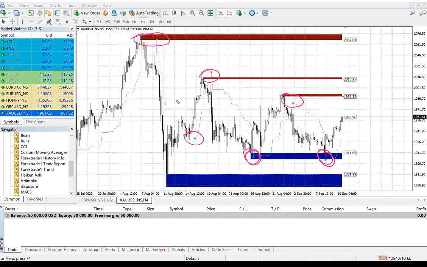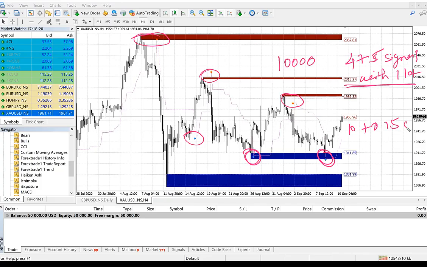Now what you can do is, if you are buying, say for example your capital is $10,000, so you can use 4 to 5 signals with one lot. But if you want to use more currency, like 10 to 15 signals, then you can use 0.1 lot size.